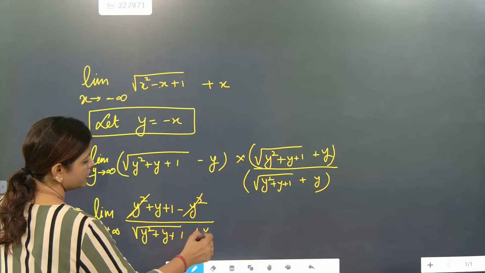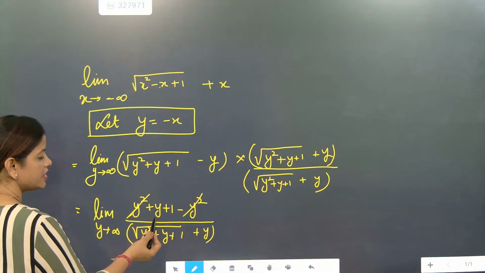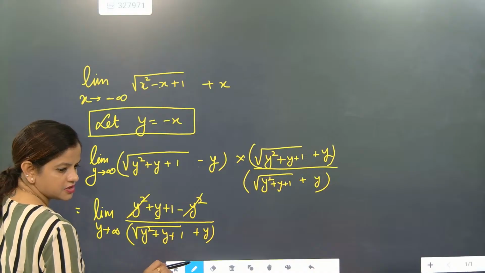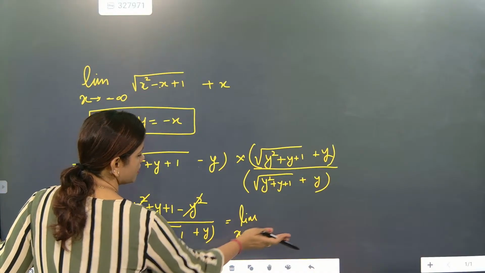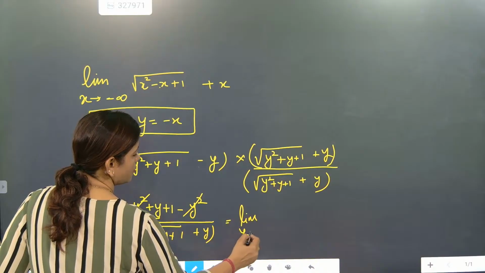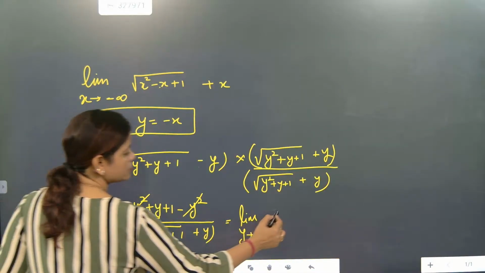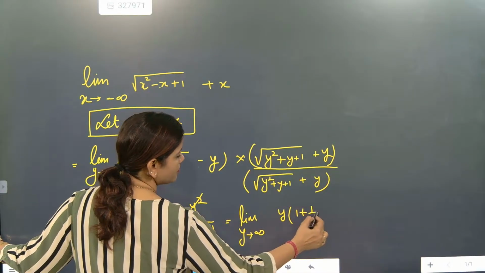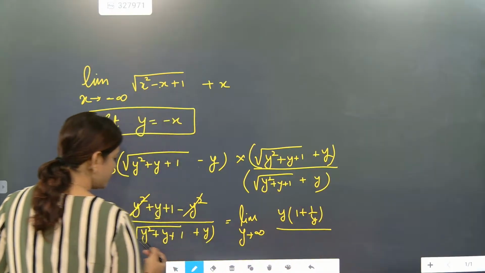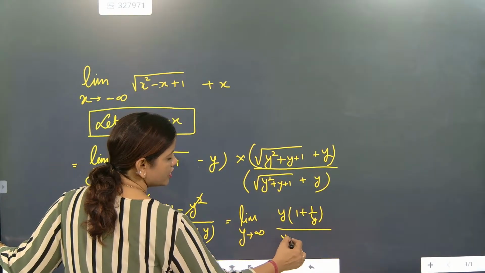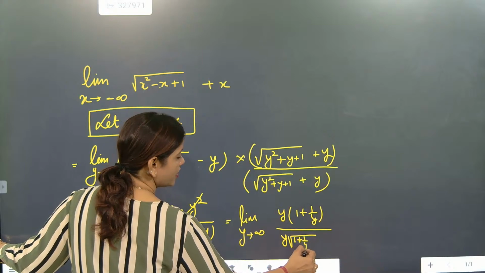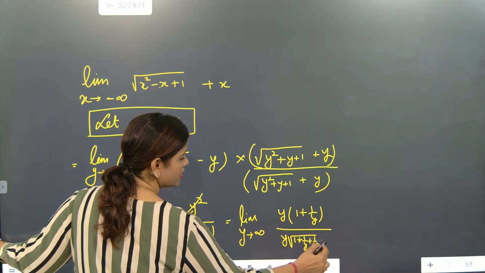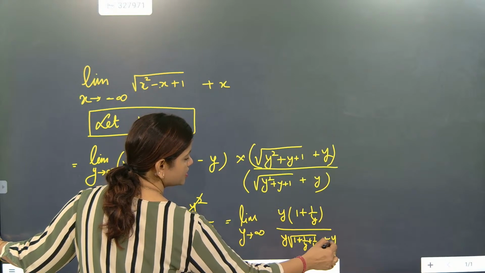Check without solving. Because here you can take y common, the answer will come. Y tends to infinity, you take y outside, it will become 1 plus 1 by y for solving. And in the denominator part, if you take y square out, y will come out common, 1 plus 1 by y plus 1 by y square, and then this part will come as y.